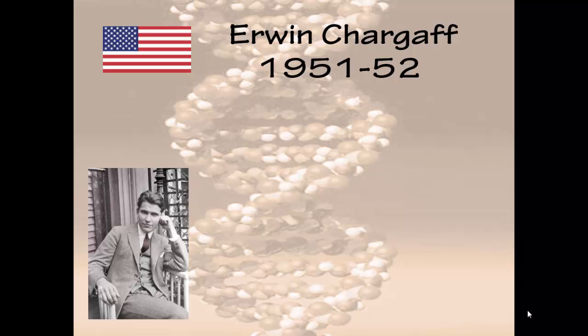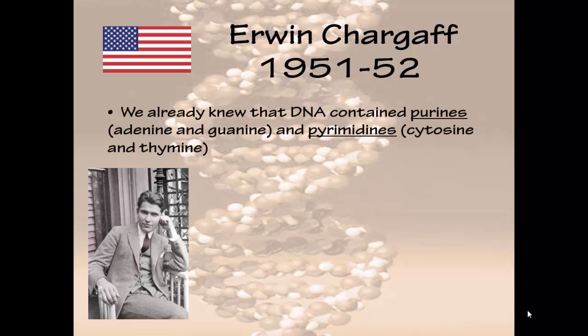Erwin Chargaff, another American, was doing his work in 1951 and 52. Everybody already knew that DNA had two different kinds of molecules in it. There were purines, the two specific purines being adenine and guanine, and then there are pyrimidines, which are cytosine and thymine.